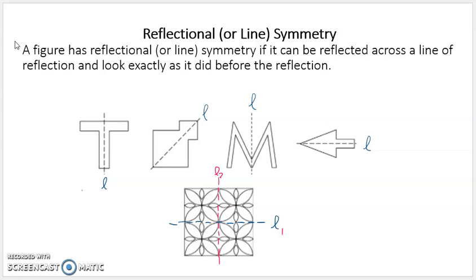There's one. You could also have lines of reflection that are diagonal. So if you fold it over that diagonal, L3, or this diagonal, the diagonal going in the opposite direction, L4, if you folded that figure over any of those lines, it would fold on top of itself. So it has 4 lines of reflection.